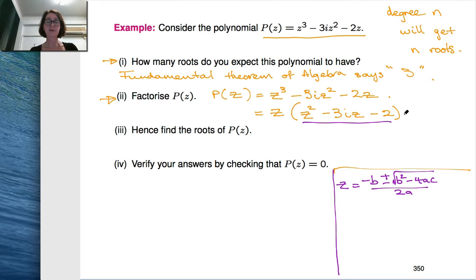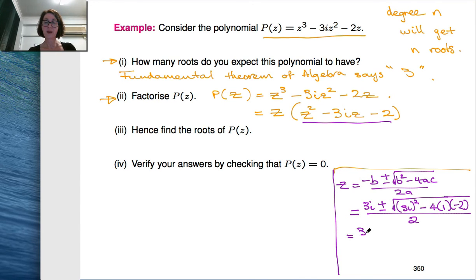Now I can't see how to do that immediately, so I'm going to use the quadratic formula, z equals minus b plus or minus the square root of b squared minus 4ac over 2a. So let's put this down in our case. So minus b is 3i plus or minus the square root of b squared, so that's 3i squared, minus 4, well, a is 1 and c is minus 2. And that should be over 2a. So 2a is just 2 times 1, so that's 2.